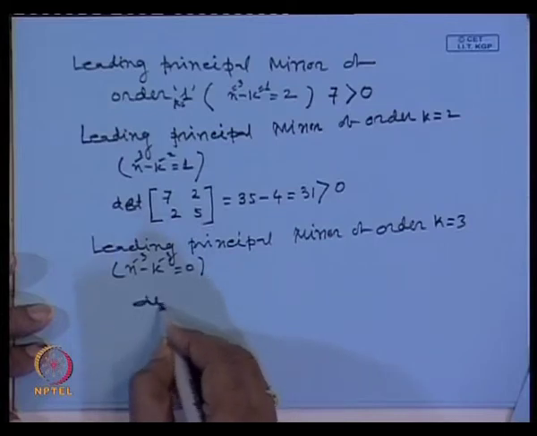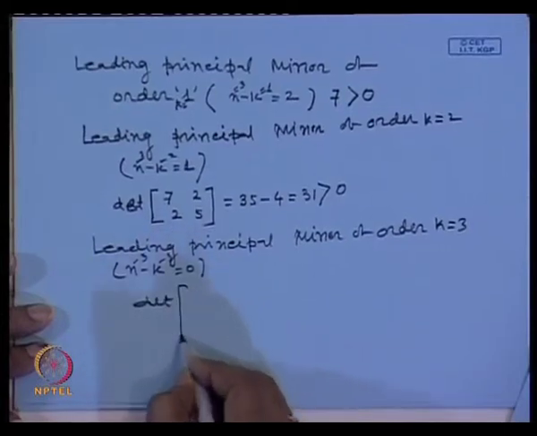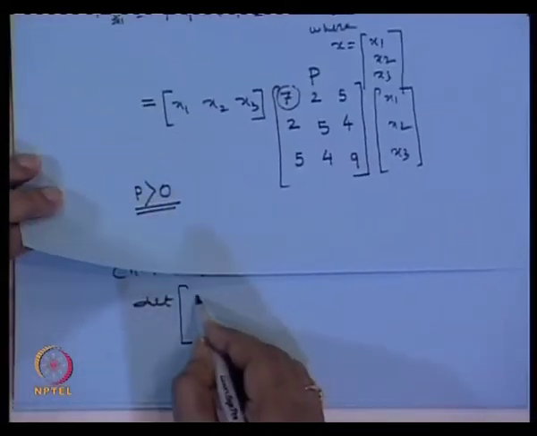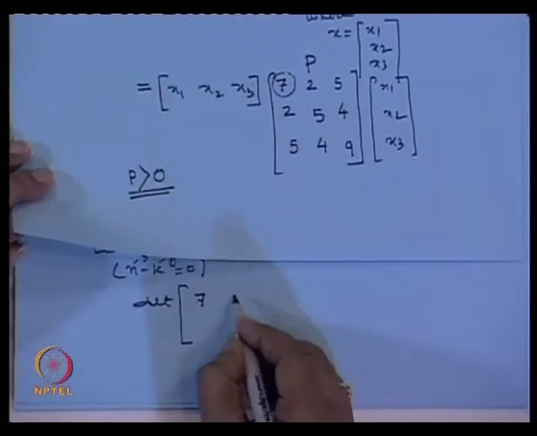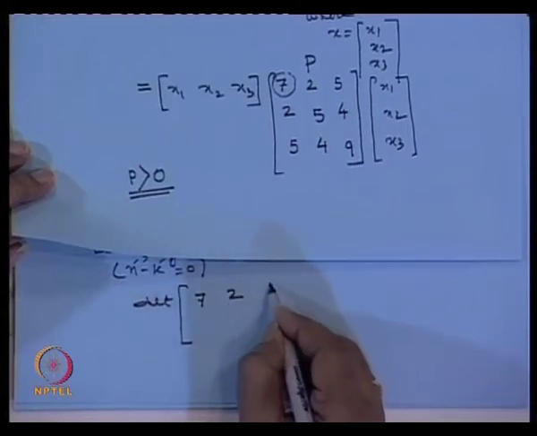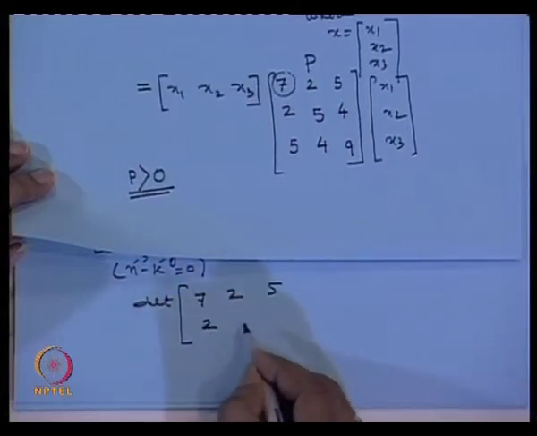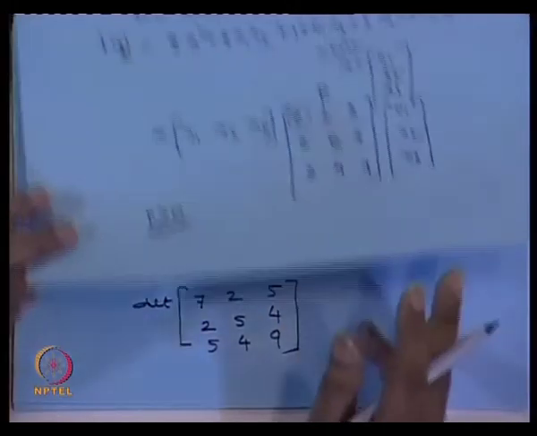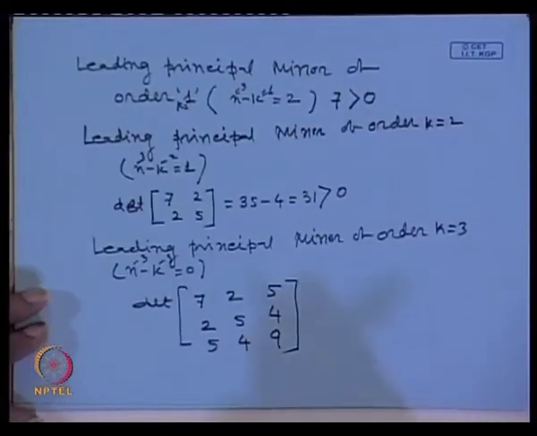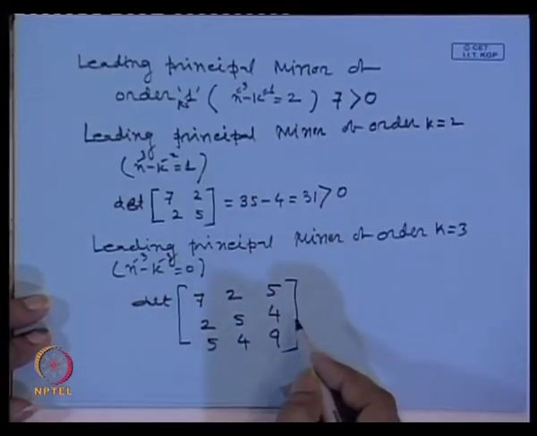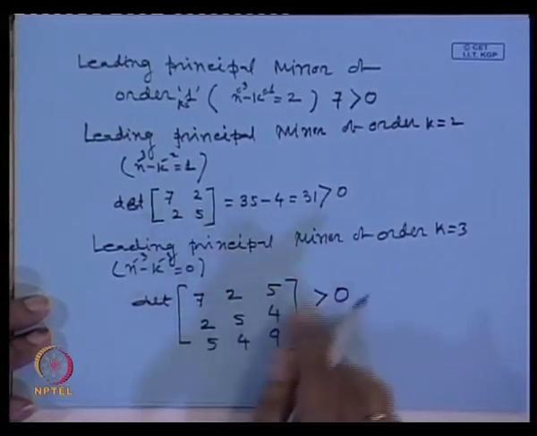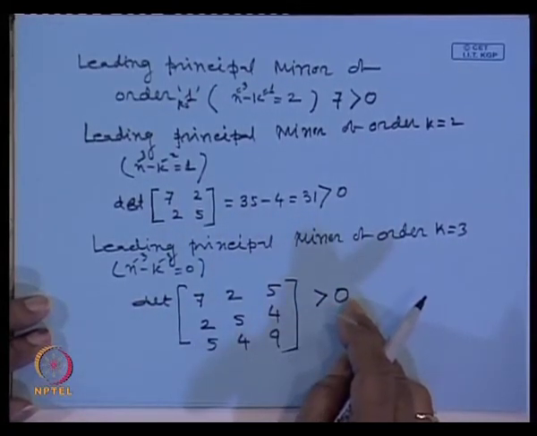So, the determinant of that matrix 7 2 5, 2 5 4, 5 4 9, you have to find out. If you find this determinant, you will get a value greater than 0.